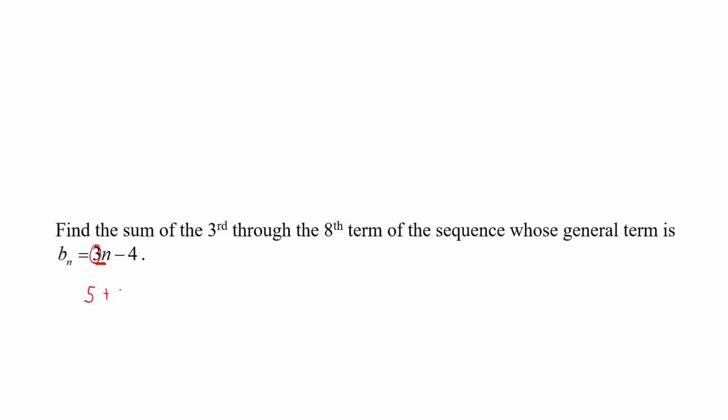And then 8, and then 11, and then 14, and then 17, and then 20. These 2 pair up to 25, these 2 pair up to 25, and these 2 pair up to 25. We have 3 pairs of 25, 3 times 25, 75.